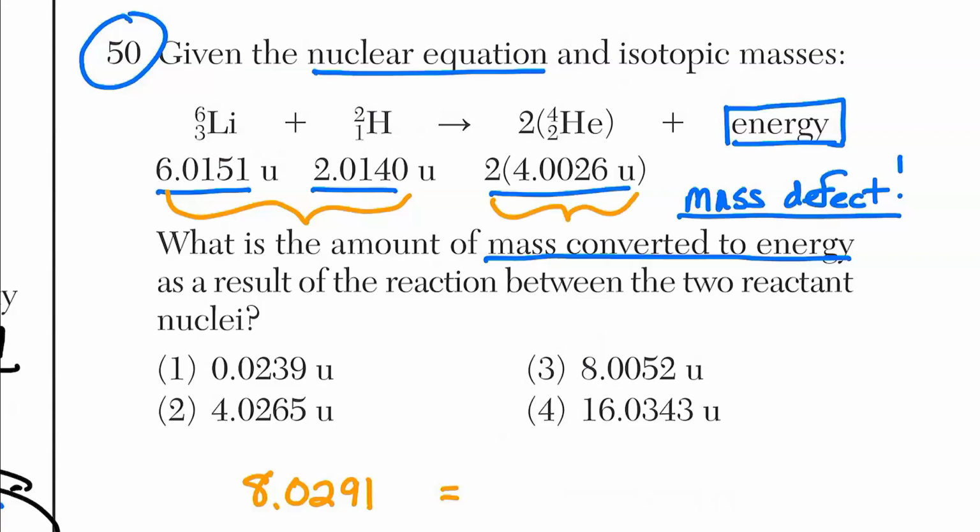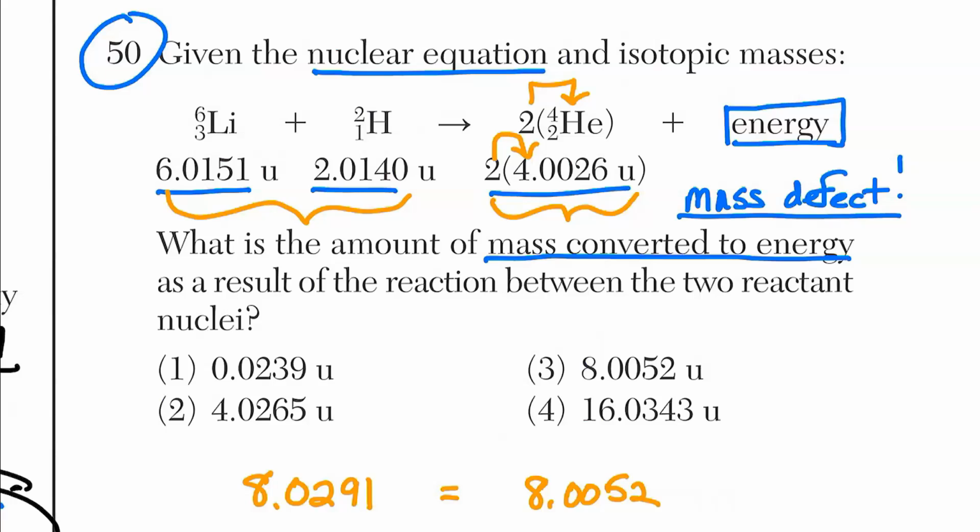But notice there's 2 of these helium nuclei, so I do 2 times this number, which they're showing you with the parentheses, so they're kind of giving that away. 2 times 4.0026, and I get 8.0052.